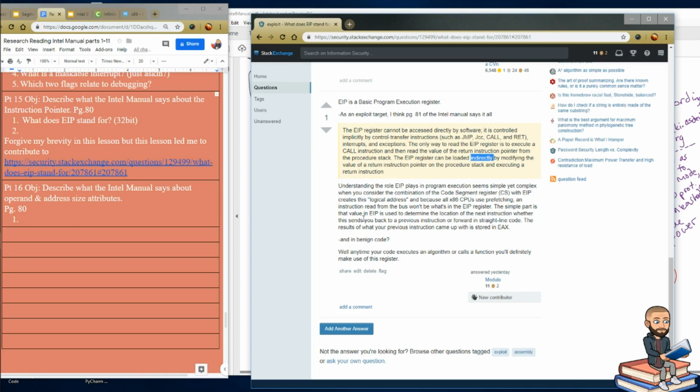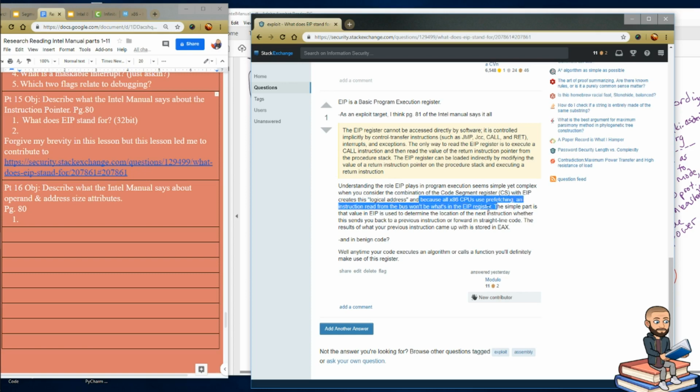So for me to add to that, I said that understanding the role EIP plays in a program seems simple yet complex when you consider the combination of this code segment register with EIP. These two things are making what we call a logical address for the computer to use. And because all x86 CPUs use prefetching, this complicates things.